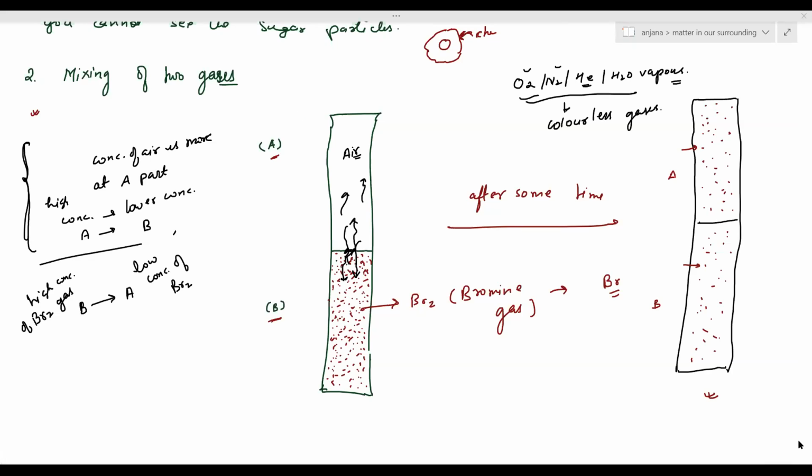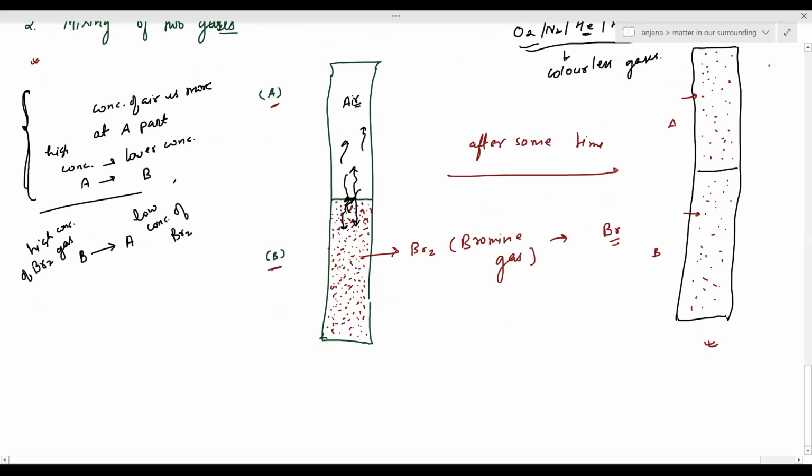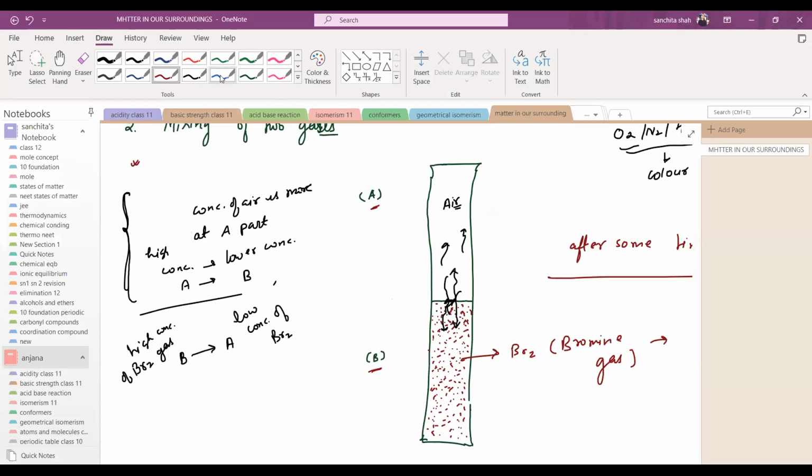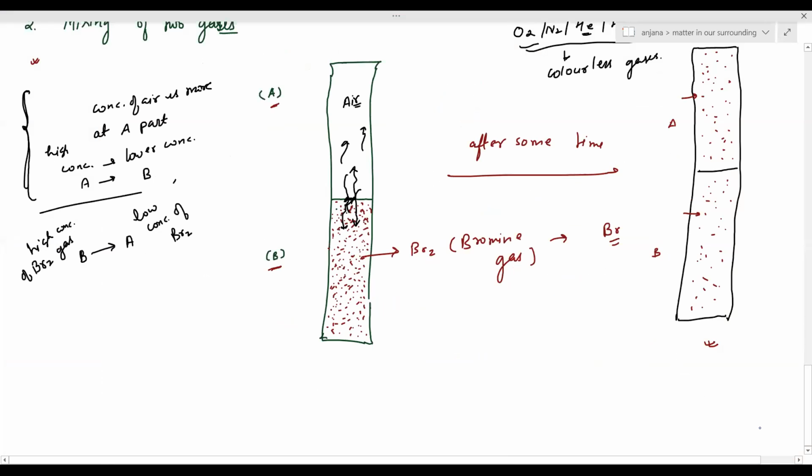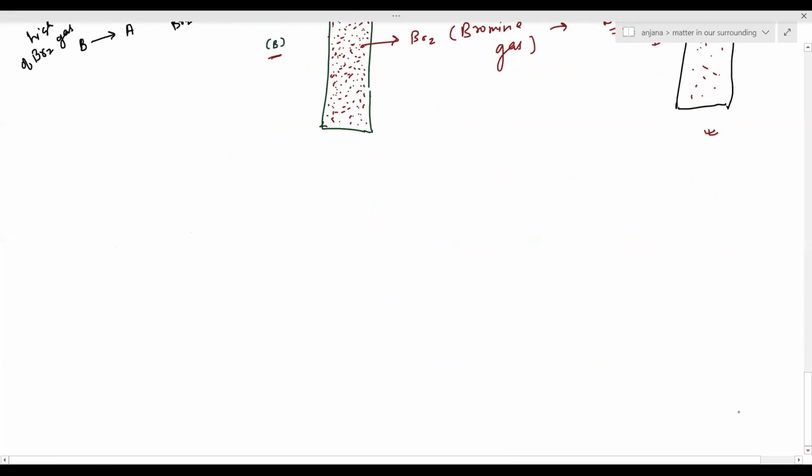Okay, so now below this, write down. Air is a colorless gas.